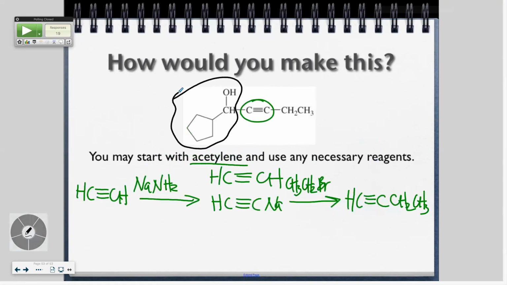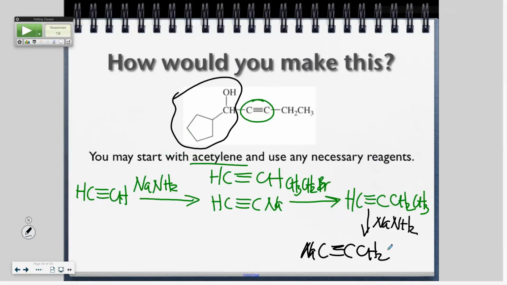Any brilliant ideas? Anybody remember anything that we talked about? Do you remember that if you do this, you're going to get the other side, and you can add to that a compound with a carbonyl.